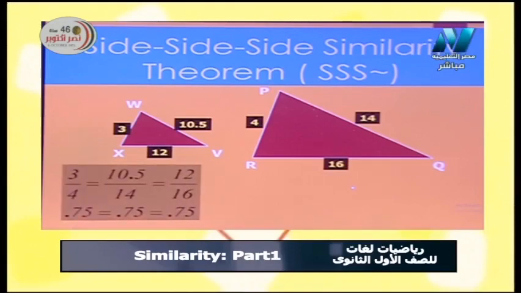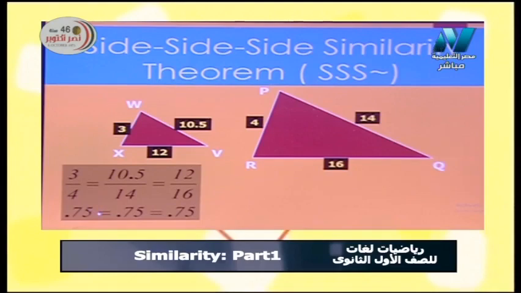Let's see, when we divide each length of side by its corresponding side. We have here the smallest side 3, we put it here, and this one is 4, 3 over 4. Is it equal to 10.5 over 14? Is it equal also to 12 over 16?